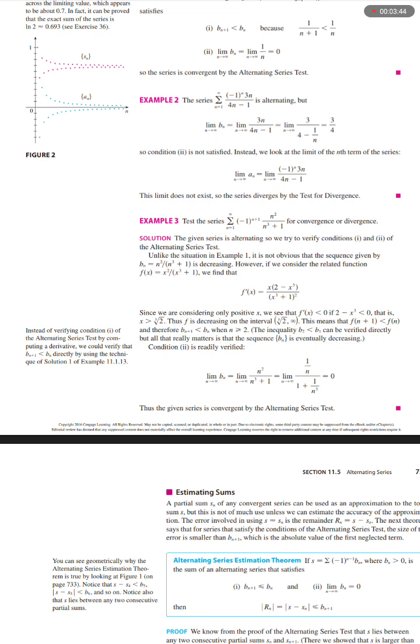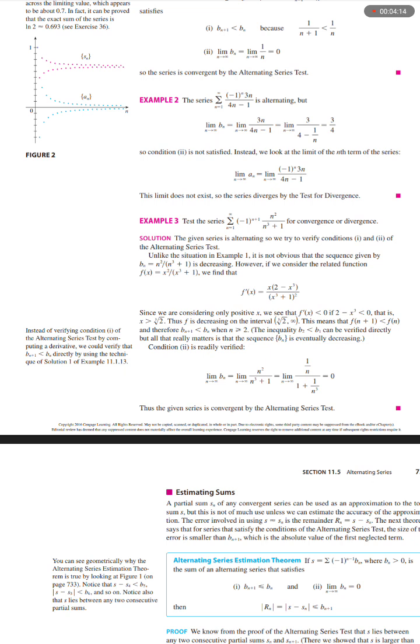Solution: the given series is alternating, so we try to verify conditions 1 and 2 of the alternating series test. Unlike the situation in example 1, it is not obvious that the sequence given by b sub n equals n squared over n cubed plus 1 is decreasing.